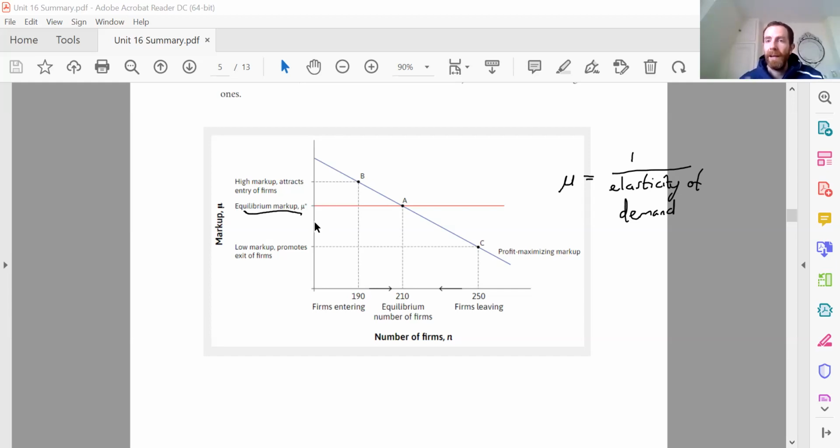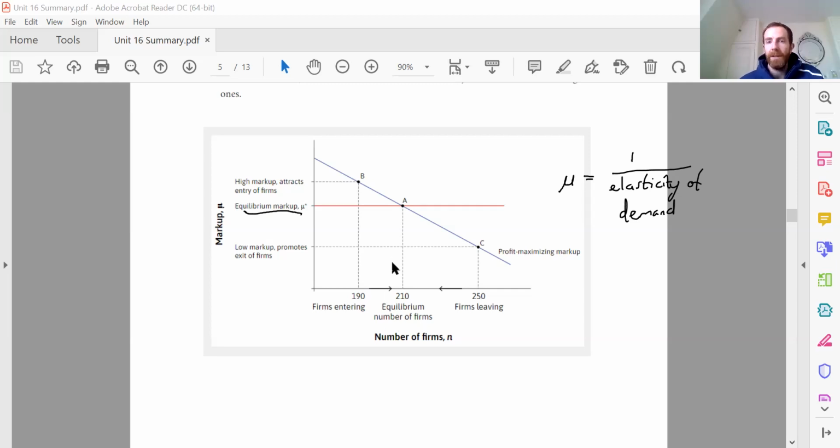If the rate of entry and exit is the same, then the number of firms in the market at a particular time is constant. And what's going to determine the equilibrium number of firms is where these two things meet, right? So where the equilibrium markup crosses this blue line here, that's going to tell us the equilibrium number of firms in the market.